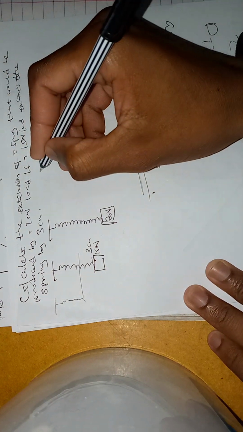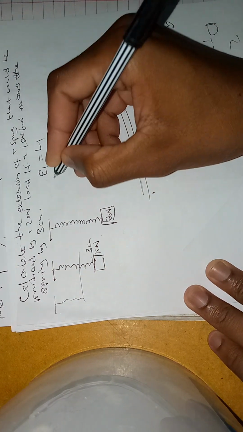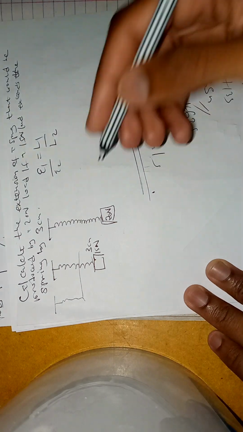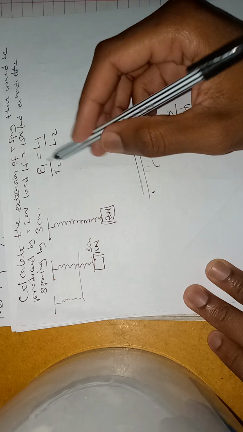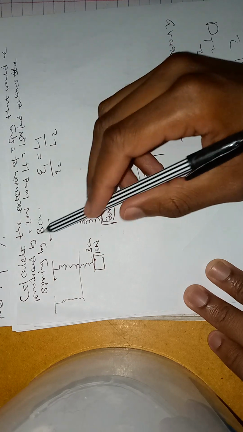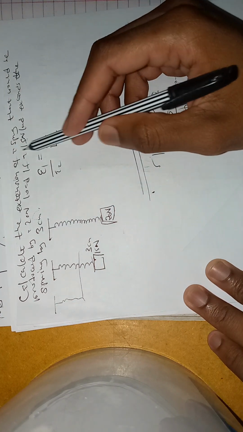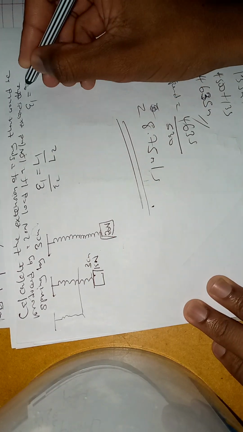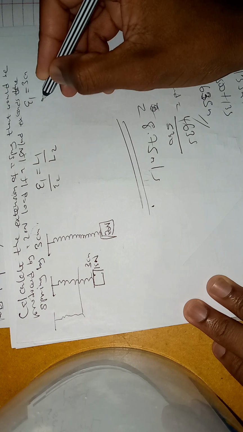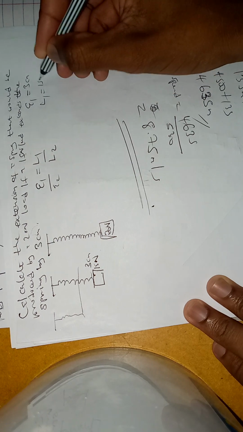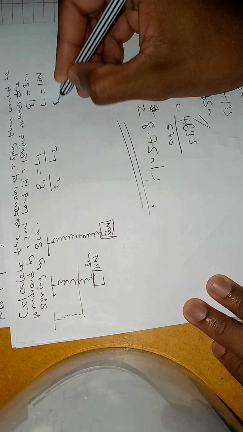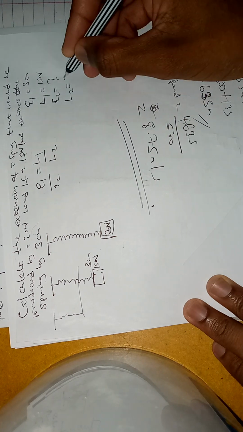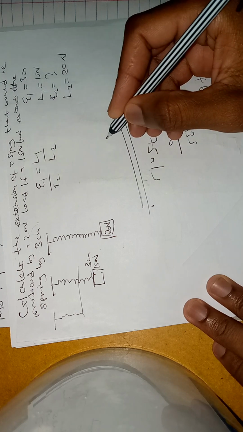So same formula, extension 1 over extension 2 is equals to load 1 over load 2. What is extension 1? Extension 1 is the 3 centimeter, load 1 is 15 newtons. So let's just write it there. Extension 1 is 3 centimeter, then the load 1 is going to be 15 newtons. Extension 2 is what we are looking for, then load 2 is 20 newtons.